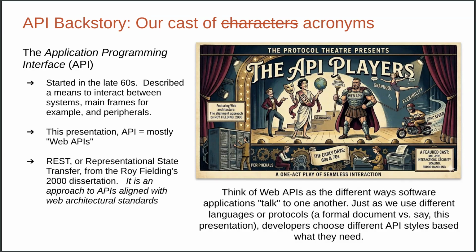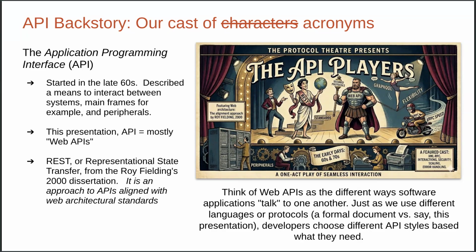Things like the error codes, the caching ability, all these types of things that we're going to talk about during this presentation, come out of that REST style approach. There's various degrees of implementation for that, and that's fine. There's a wide range of APIs and approaches. There's GraphQL and SOAP and other ways this has been done. But again, we'll be focusing mostly on web APIs and REST or RESTful approaches.